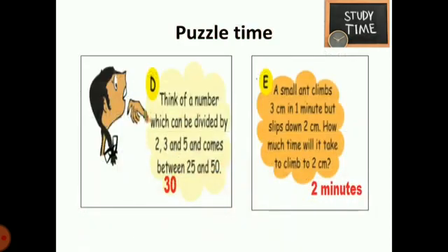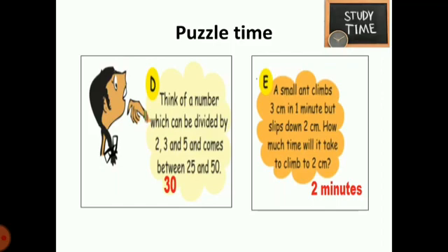Next, think of a number which can be divided by 2, 3 and 5 and comes between 25 and 50. For this, you should first multiply 2 into 3 into 5. So what is the answer? 30. Since that number comes between 25 and 50, you can write it as 30.